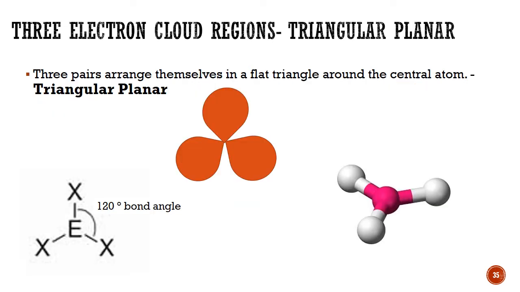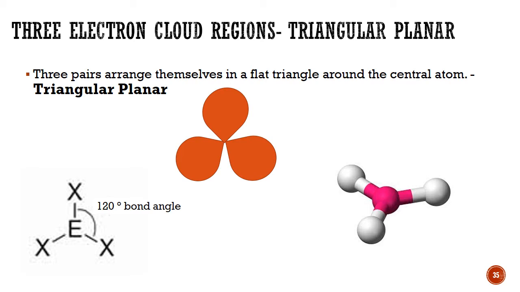If you have three electron cloud regions, so try to hold three balloons together at the center, they're naturally going to arrange themselves in a flat triangle. And we call this triangular planar. You do need to use both words. It's triangular, and it's also planar, meaning that it's a flat molecule. It's all in one plane.